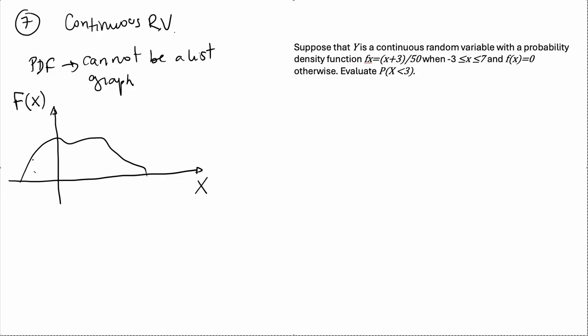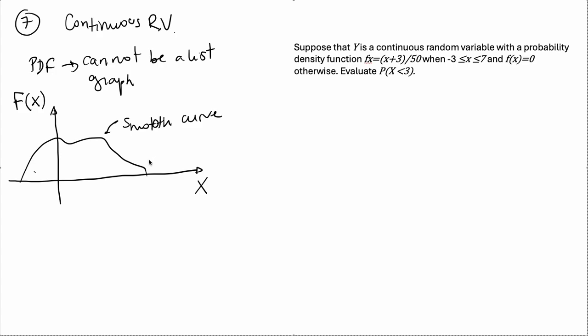If not, I'm going to post it on OWL. You can imagine the bins getting very, very close together. The lines are becoming points and you're connecting all of them. You have a smooth curve. So the histogram turns out to be a smooth curve.